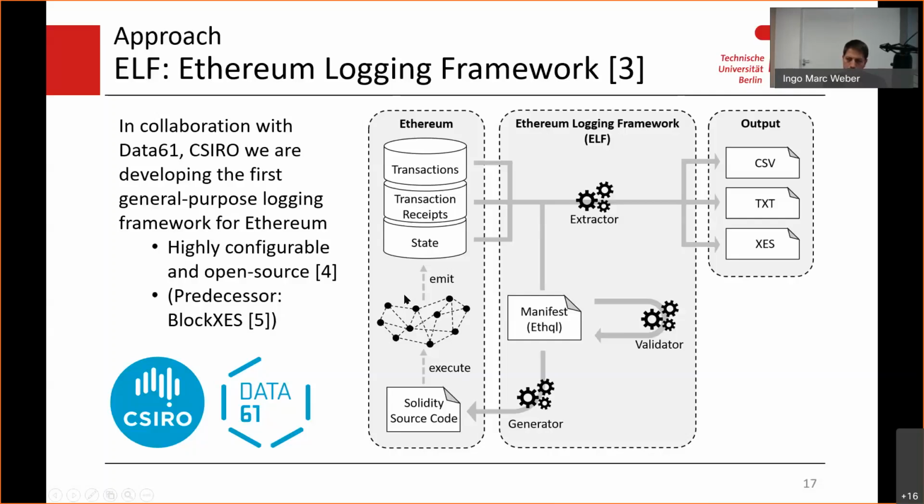So let's say you have your blockchain and things are happening, transactions are being written, there is a certain state, there are transaction receipts, and then you want to extract data and output it in CSV format. For that, we have an extractor, and the extractor uses a manifest. So in the manifest, you specify how the data should be extracted and written into a CSV.